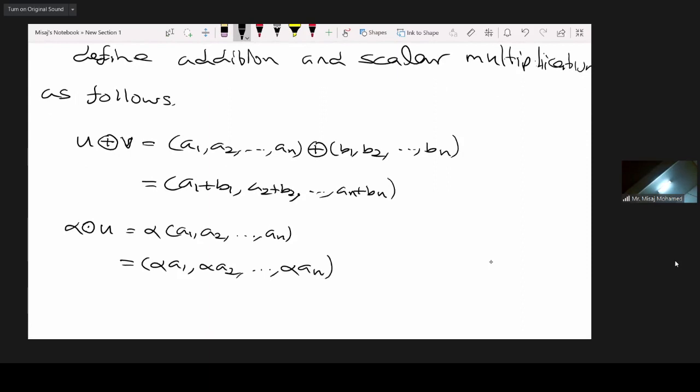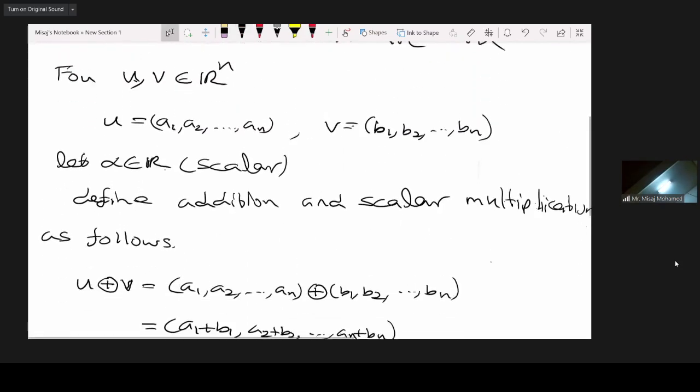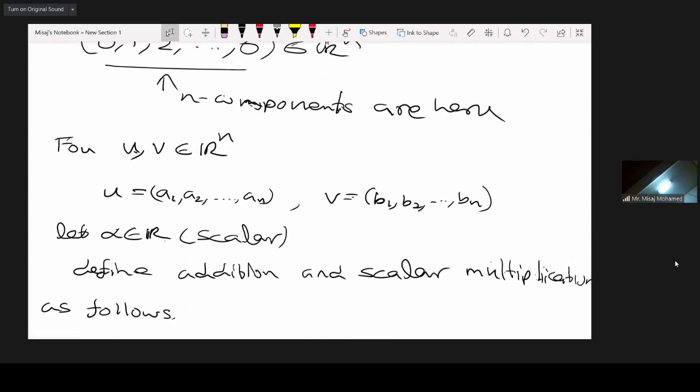Okay. So the set is Rn, which contains infinitely many elements, and every element of Rn is of the form a1, a2 up to an.